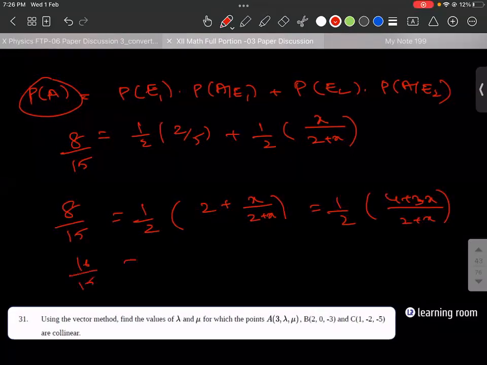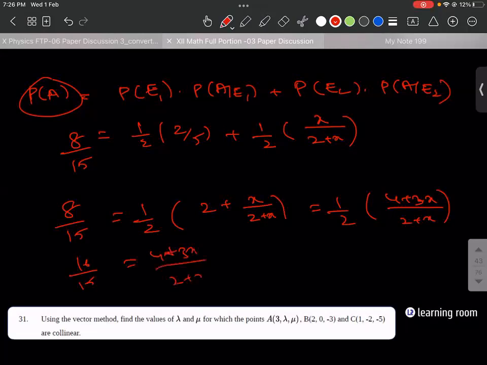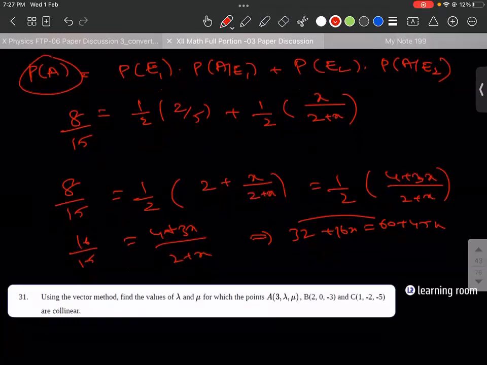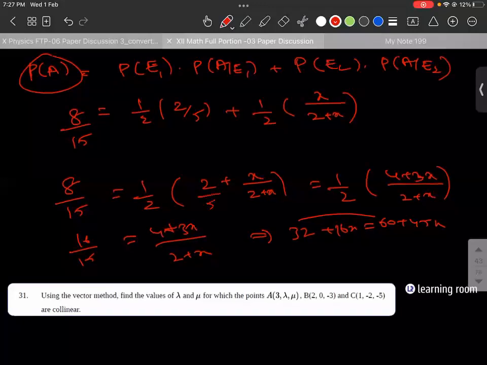So 16 by 15 is equal to 4 plus 3X divided by 2 plus X, which implies 32 plus 16X is equal to 60 plus 45X. You're getting a negative value. I forgot this 5 here.